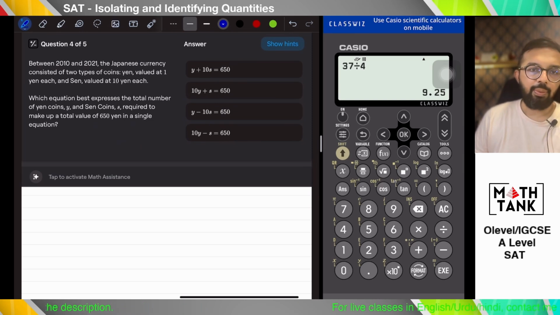The next question says between 2010 and 2021 Japanese currency consisted of 2 coins valued at 1 yen each and sen valued at 10 yen each. Which equation best expresses the total number of yen coins y and the sen coins s required to make up a total of 650 yen in a single equation?